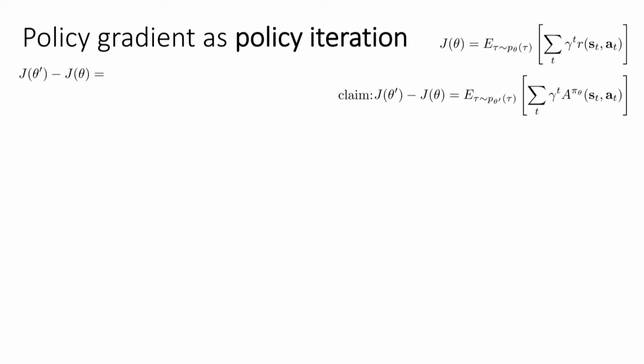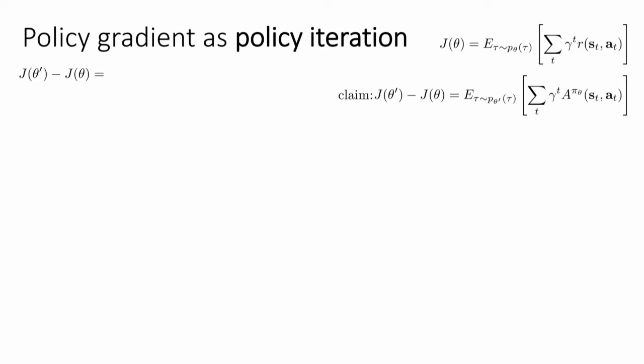In a policy iteration algorithm, you would expect the following structure: step one, figure out what A pi theta is. Step two, maximize this quantity. Basically, get the new policy to take the actions for which A pi theta is big. So all policy iteration methods do some variant of this.